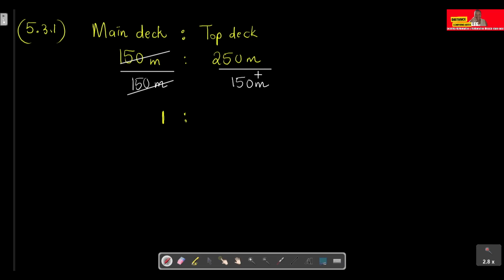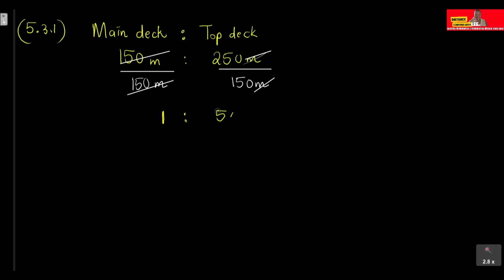250 meters divided by 150 meters. What happens here? Meters cancel, and 250 divided by 150, if you punch that into your calculator, you will get 5 over 3.